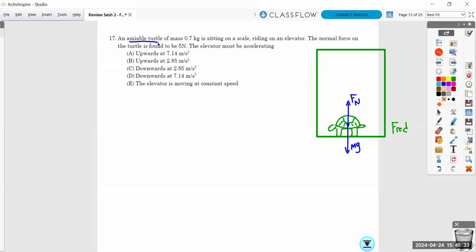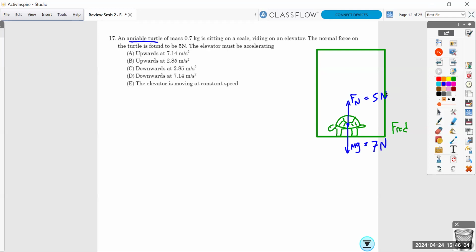All right, so the important thing here is we actually know a little bit of information about gravity. We know that it's got a mass of 0.7 kilograms, which means the force of gravity is 7 newtons. The normal force is only 5 newtons, which means which way is the turtle accelerating?